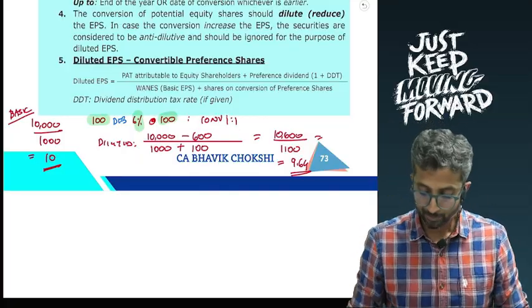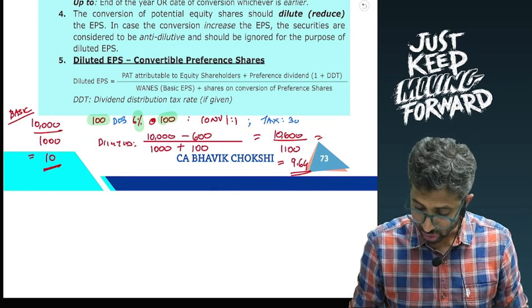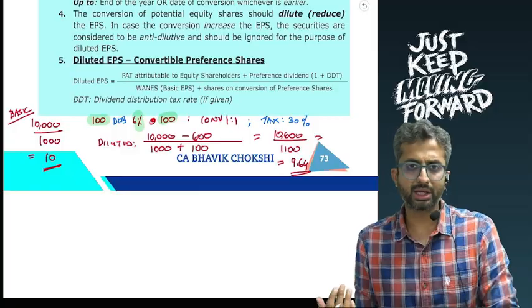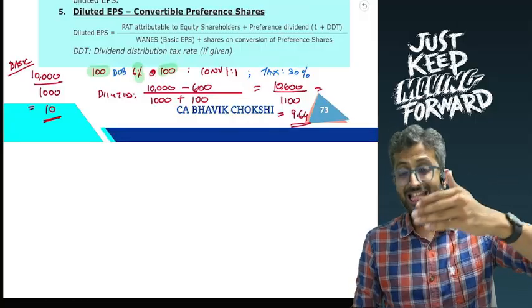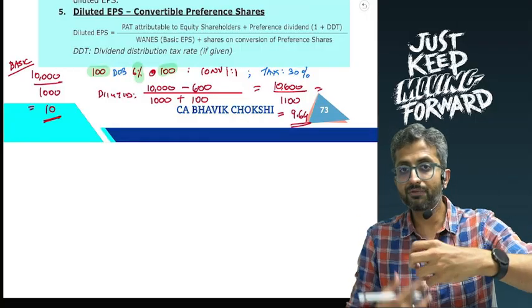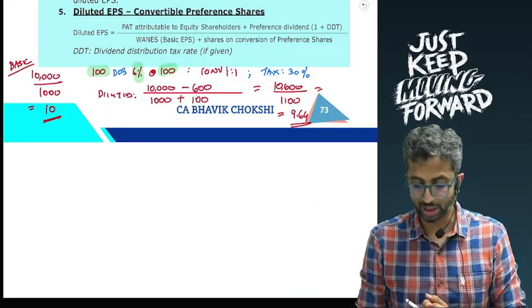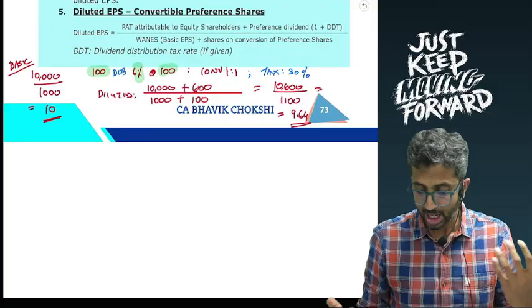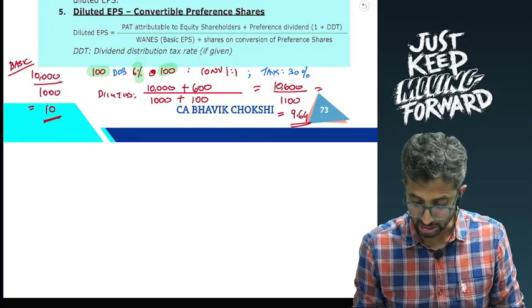However, when I look at debentures, debentures have interest, and if the debentures were converted at the start of the year and interest is saved, it will also have an impact on tax. Hence in the numerator I will say 10,000, to which I will add back 600 rupees of interest into 1 minus 0.3.